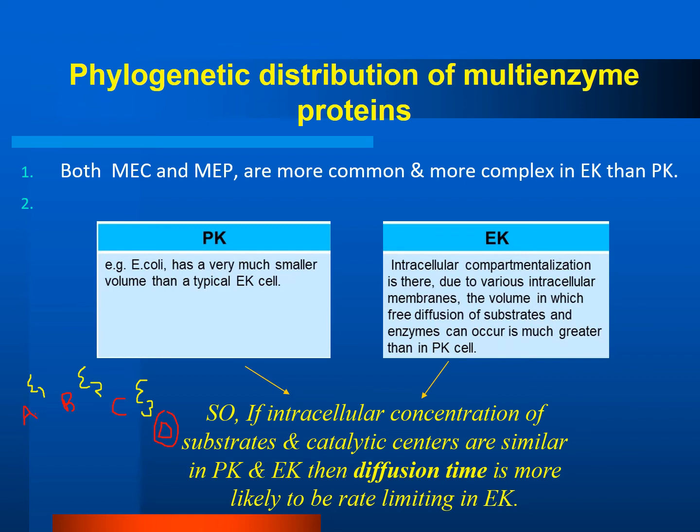So let's suppose your first reaction has taken place and A has converted into B via the action of E1, and it is lying at this corner of the cell.